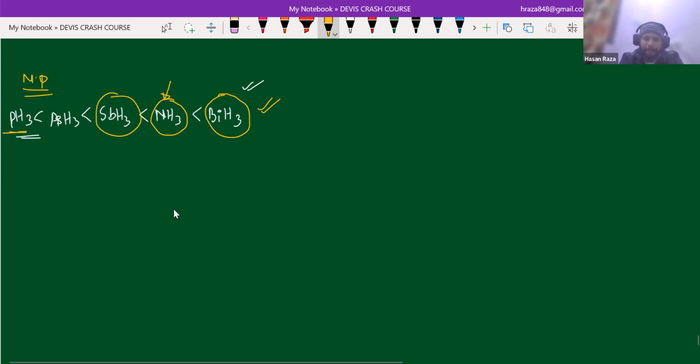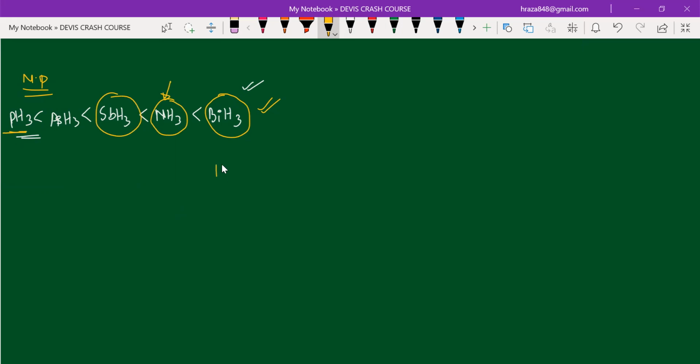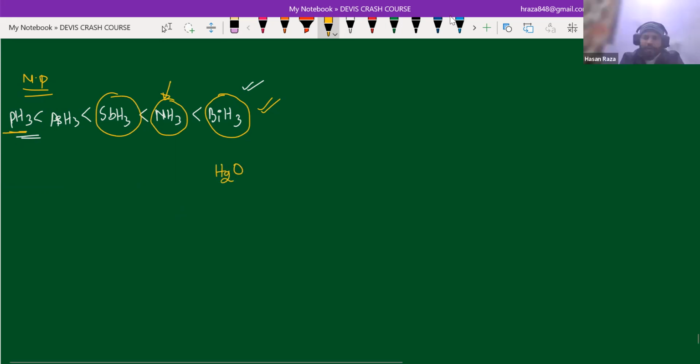Is that clear? Now, in the case of the 16th group, H2O will be highest because the hydrogen bonding is very, very strong. Then comes H2Po, which is metallic and polymer type, or you can say network form. Then comes tellurium, then selenium, and the lowest is H2S.